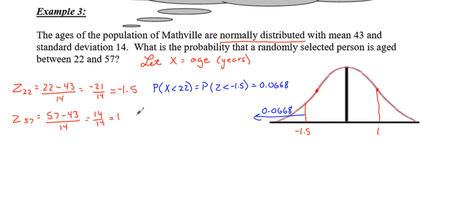And next one is a z-score of 1. So the probability that your age is less than 57 is equal to the probability that the z-score is less than 1. And that would be all of this section all the way down to the end.